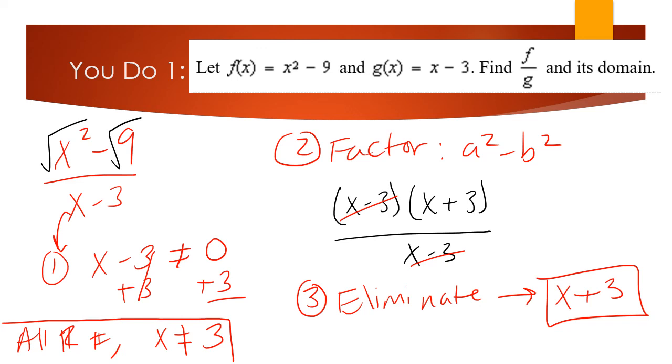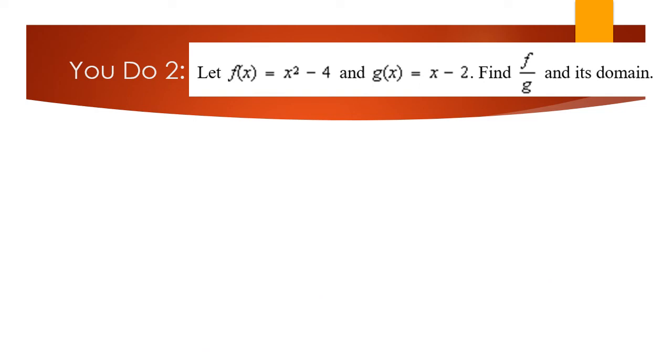Awesome. All right, so pause again and give this a shot. Okay, so let's see. So your setup should have been f divided by g. So you have x squared minus 4 divided by x minus 2. Step 1 is your domain restriction.